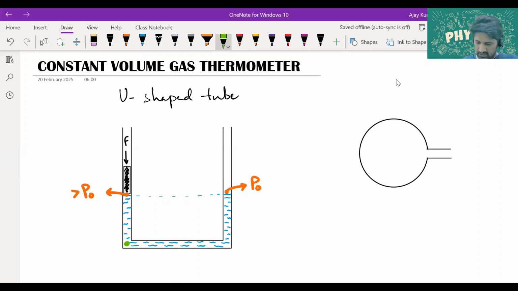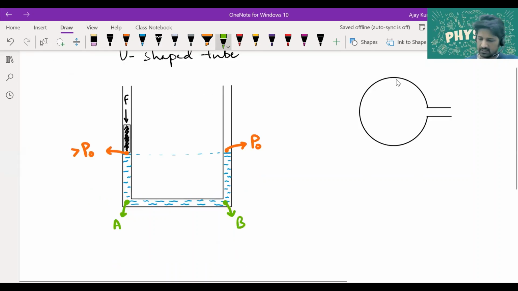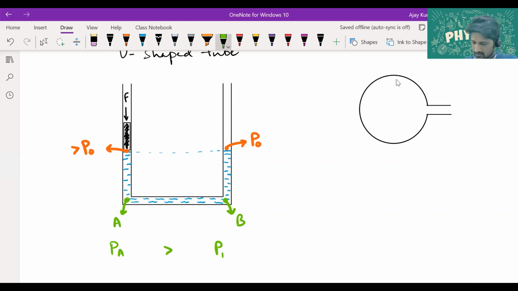On the base, if you call this point A and this point B, obviously pressure at A will be greater than pressure at B. If pressure at A is greater than pressure at B, fluid will move from A to B. So liquid level on the left side will decrease and on the right side will increase. The pressure at A and B has to become balanced, so the liquid will redistribute itself in that manner.